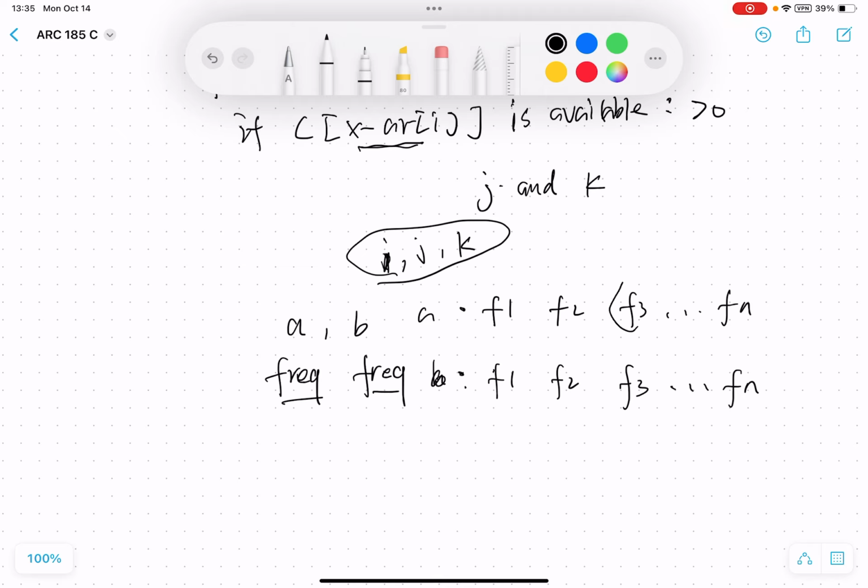Maybe we will use element F3 two times or three times or more, but actually we cannot use it many times because i, j, and k should be distinct indices of the array. So this is the difference between the original convolution algorithm and our actual solution.